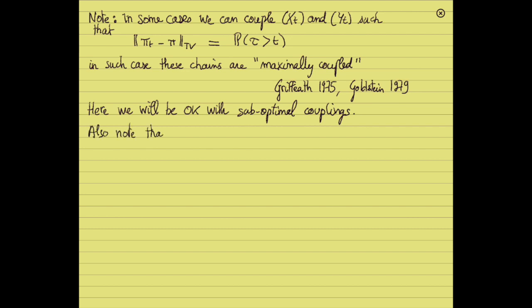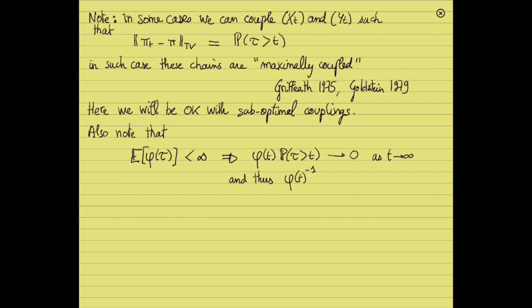Another thing to note, in order to perhaps gather some intuition about those probabilities of meeting times being larger than t, is that if we have an increasing function phi such that the expectation of phi of tau is finite, then it implies that phi of t times the probability that tau is more than t goes to 0.